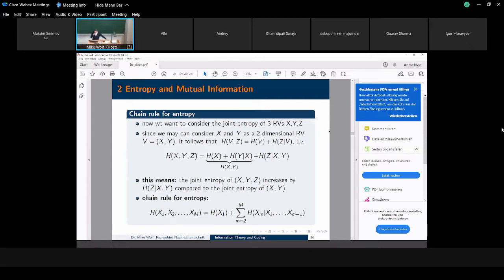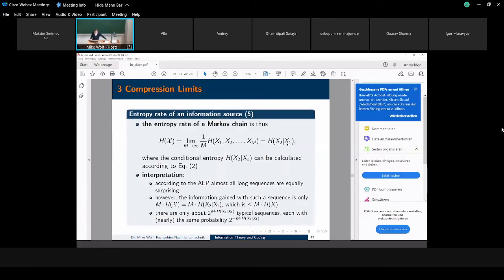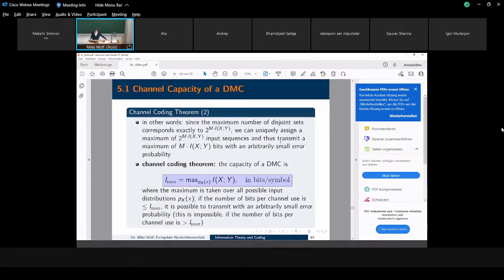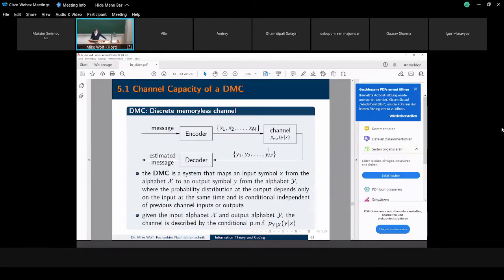So we used Shannon's channel coding theory. By means of the law of large numbers, we basically showed that if we have a certain channel, first we discussed a so-called discrete memoryless channel described by the conditional probabilities, as you remember, and a certain message, and we encode this message and we add redundancy.